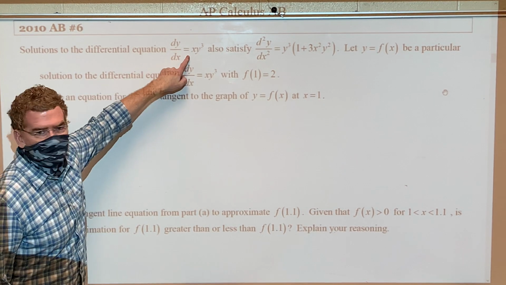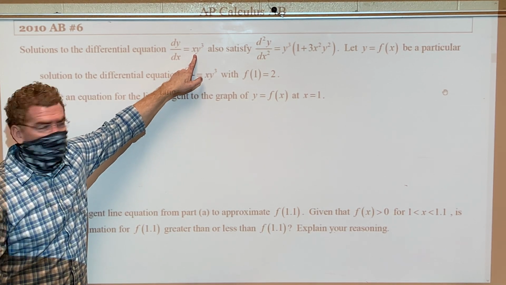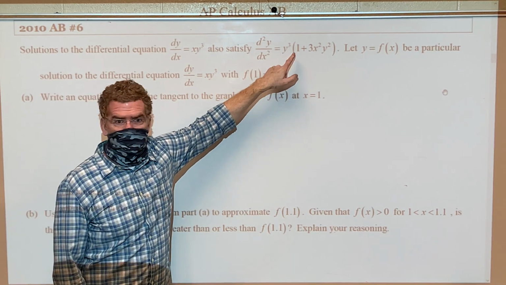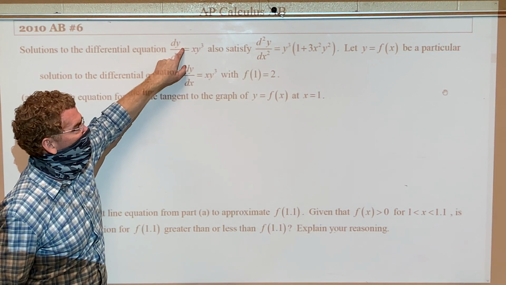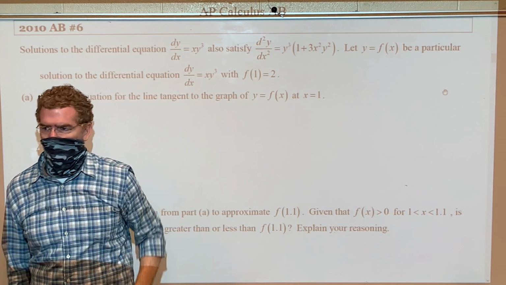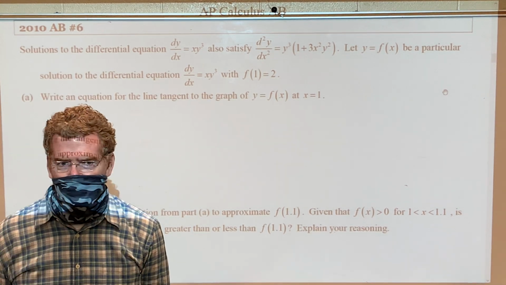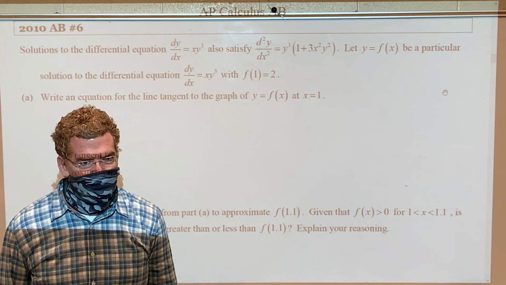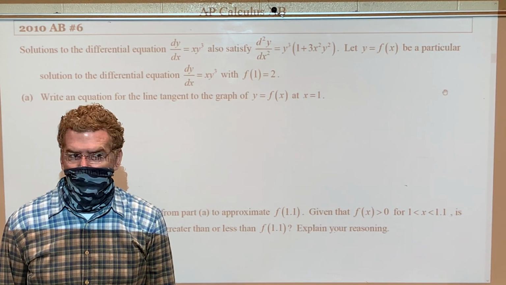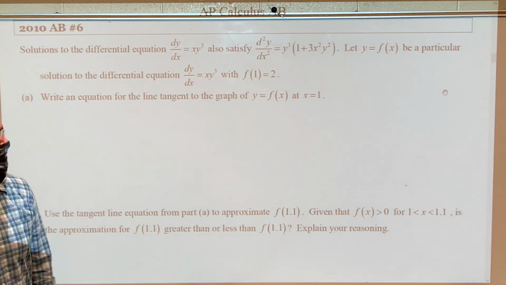They gave you the differential equation, which is the slope equation, and then they gave you the second derivative, which is the derivative of this derivative. They cleaned it up for you nicely too. And what could that second derivative possibly help you with? What do second derivatives typically help me with? First derivative is slope, the second derivative is concavity. So there might be an issue of concavity on this problem. That's what I'm thinking, but I don't know. Let's just plug through and see what happens.